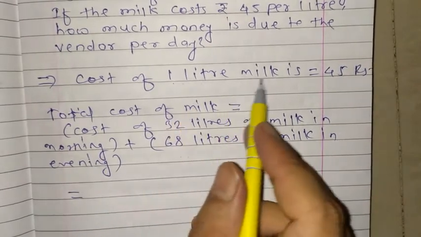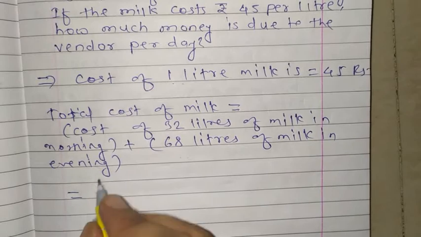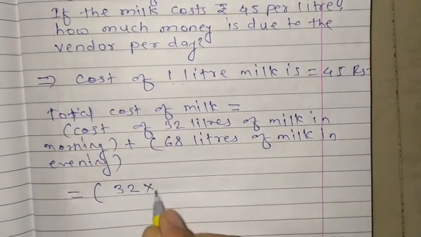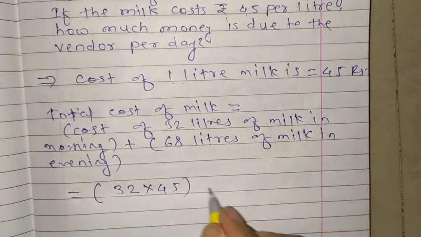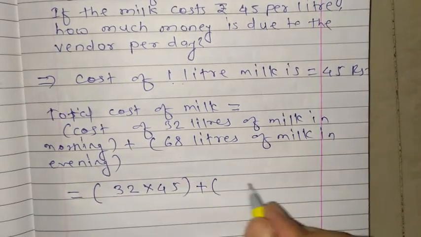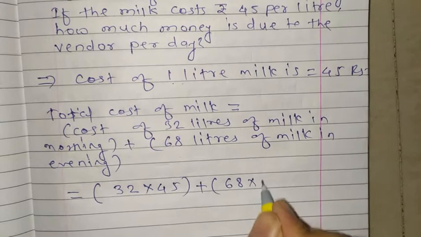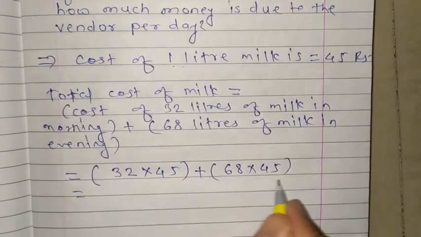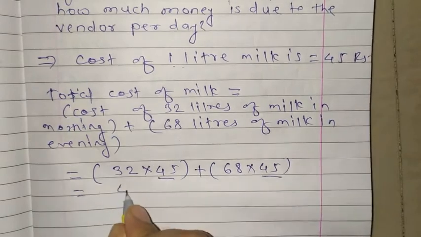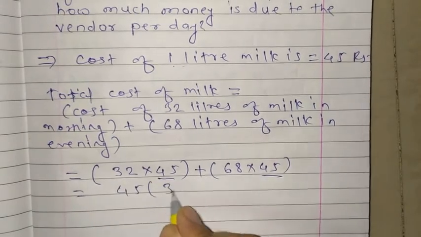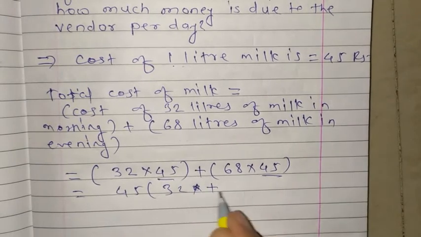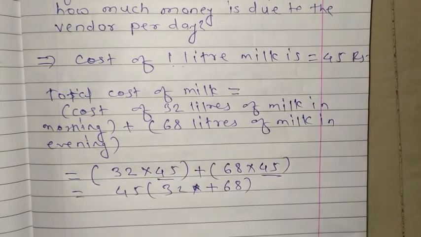In the information, 1 liter milk cost is 45 rupees. So what about the 32 liters cost? 32 into 45, plus sign. What about the cost of 68 liters? 68 into 45. Finally, you keep the common number, which is 45. Write the uncommon number 32, plus sign in the middle, and then the uncommon number is 68.